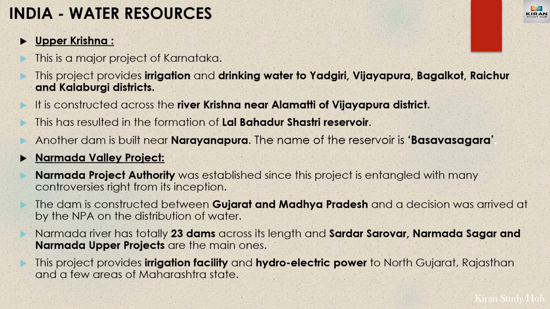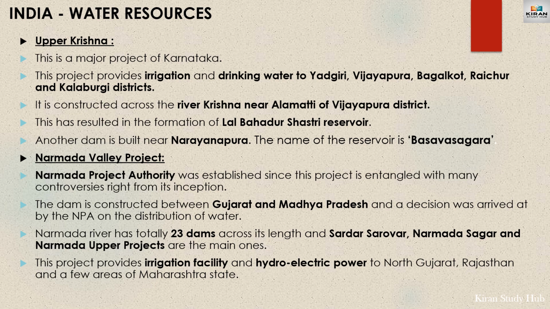The Narayanpura Dam creates the Basava Sagar Reservoir. Both the dams are in Karnataka. The project provides irrigation and drinking water facility to districts of Karnataka such as Yadgiri, Vijayapura, Bagalkote, Raichur and Kalaburagi. The next project is the Narmada Valley Project.